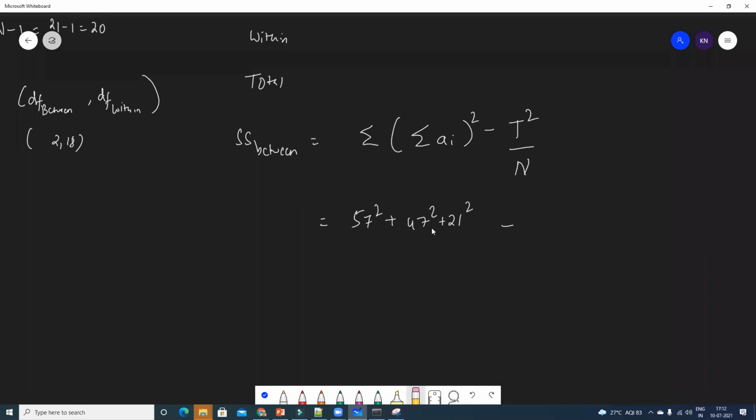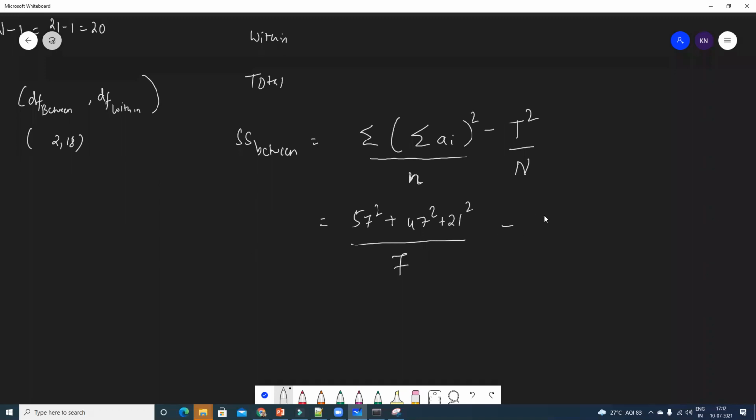See, one formula I missed, it will be small n. What is small n, guys? Small n is 7, right? For that specific row, it is 7, right?